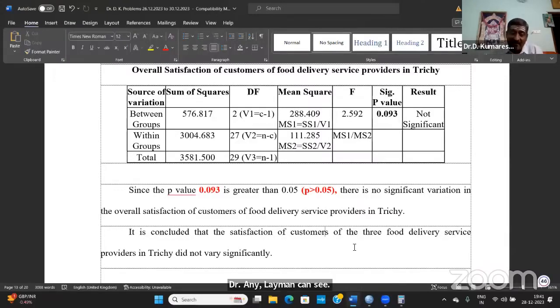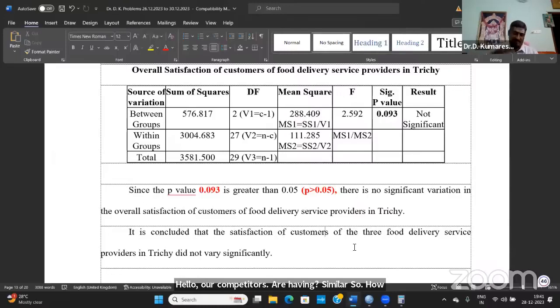But as a researcher, what should you tell your management? Sir, all the companies, all our competitors are having similar satisfaction.